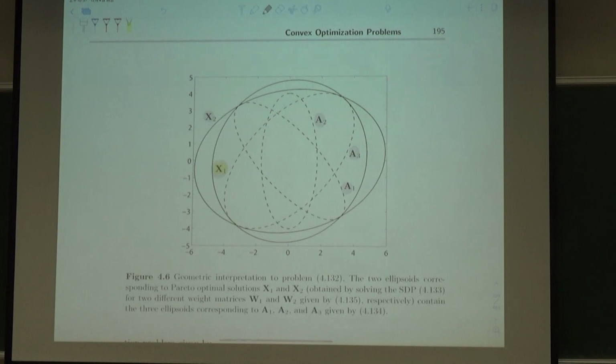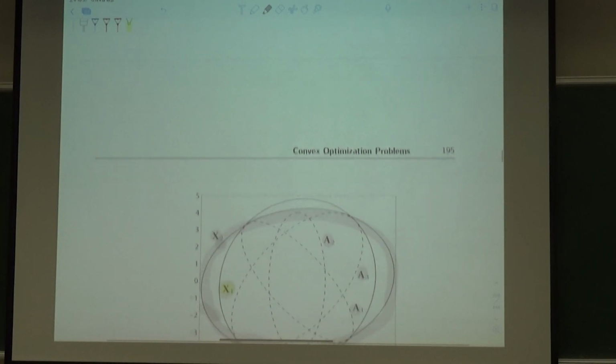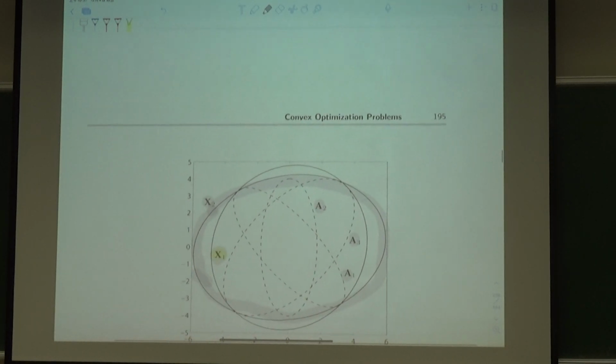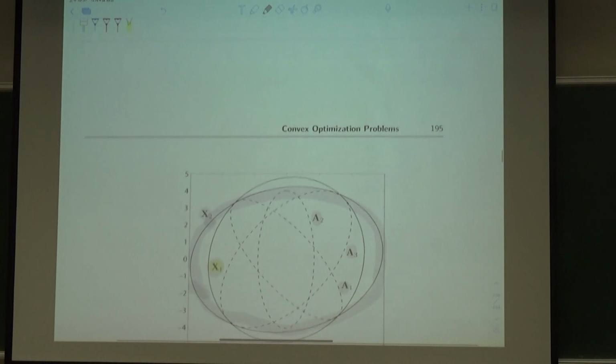Another minimal point is X2. We choose W2 in solving the problem above, and you get X2. X2 is this one. It also contains A1, A2, A3. This result was obtained by my former PhD student.